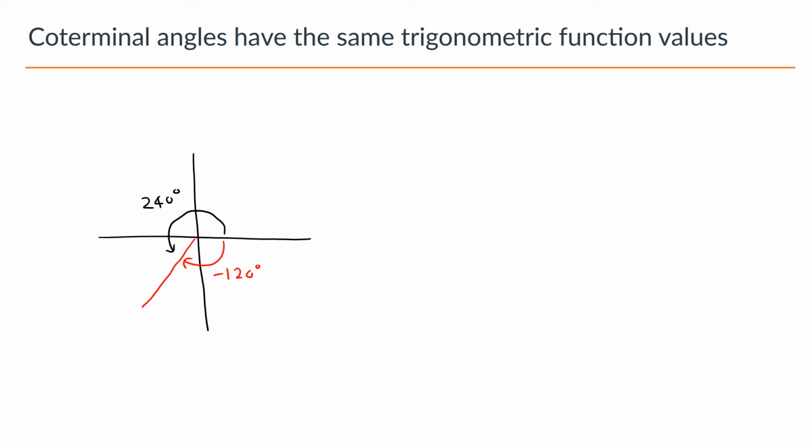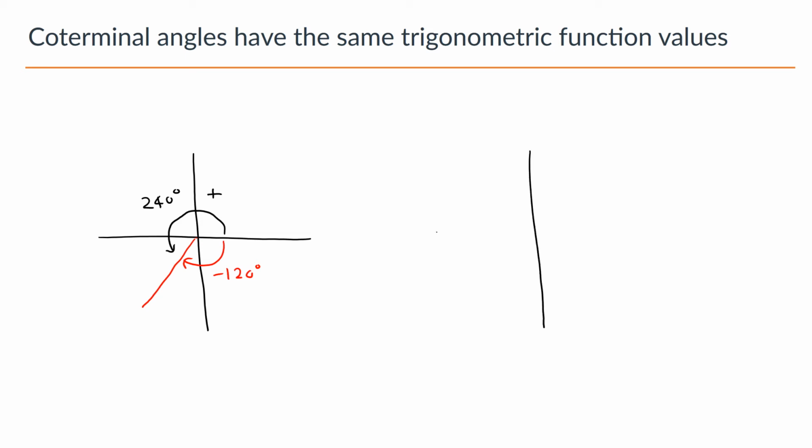Because for a ratio, we only talk about what is the y coordinate and what is the x coordinate. So you can see that both those two angles, even though one is a positive angle and one is a negative angle, they have the exact same terminal side. So that means all the ratios are the same. That's very important.